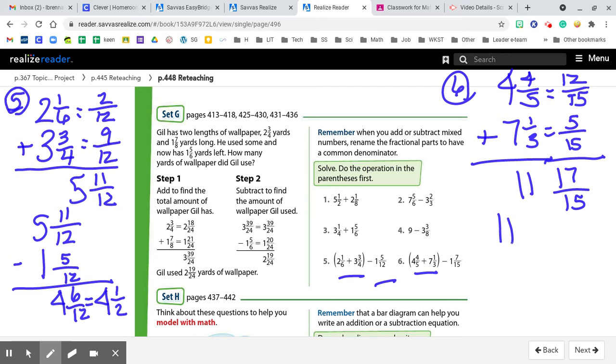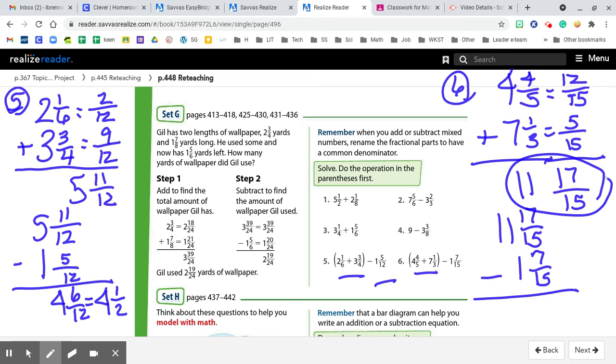So now I have 11 and 17/15 minus 1 and 7/15. I don't have to change this into a mixed number yet. I can wait till I'm done subtracting. So now I have 10 and 10/15, and 10 and 15 have the common factor of 5. So I wind up with 10 and 2/3 as my final answer for number 6.